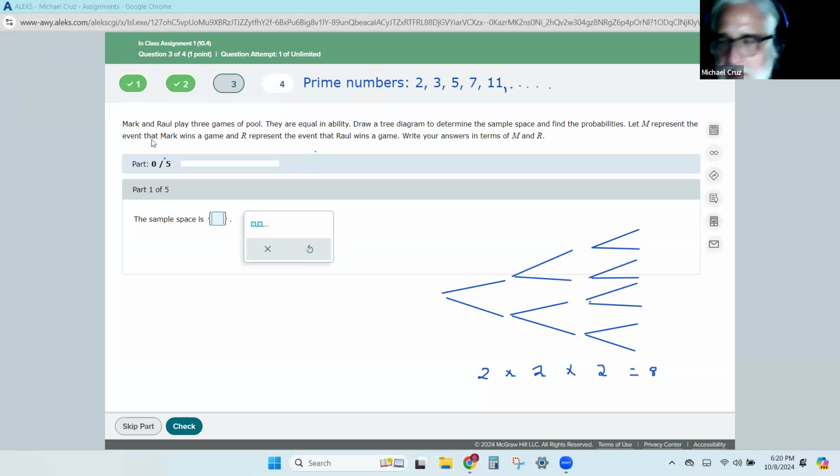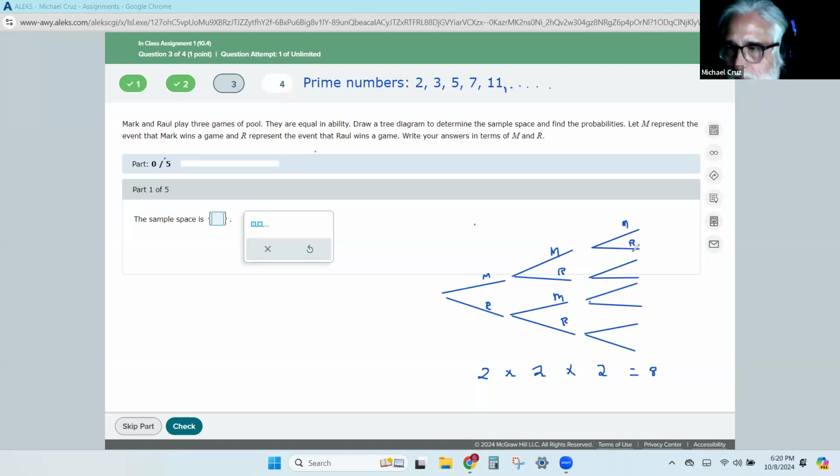Let M represent the event that Mark wins a game, and R represent the event that Raul wins a game. So what I'm going to do is I'm just going to put M, R, M, R, M, and R. Same thing here, all the way down.